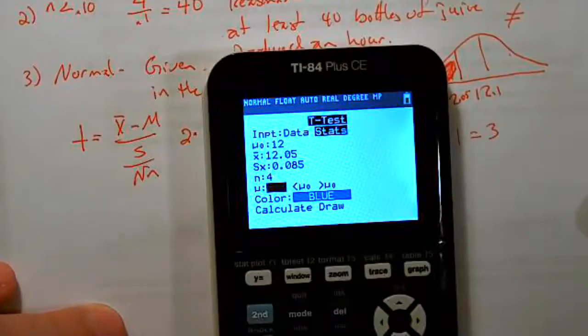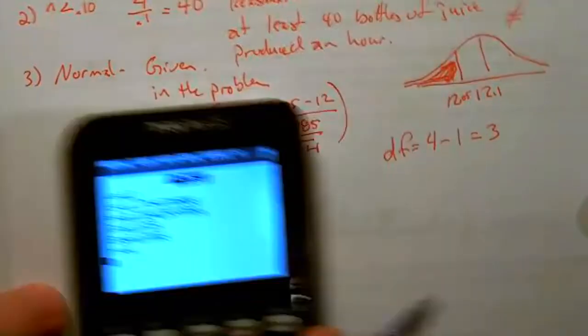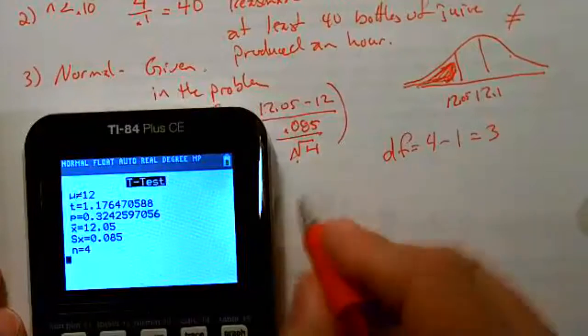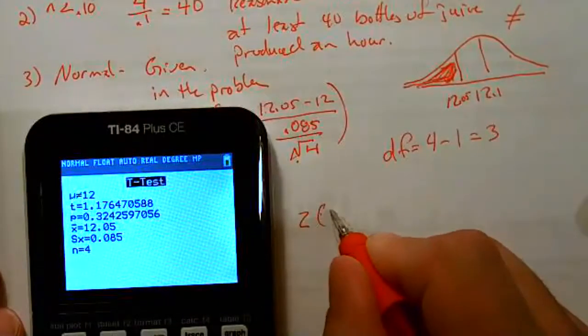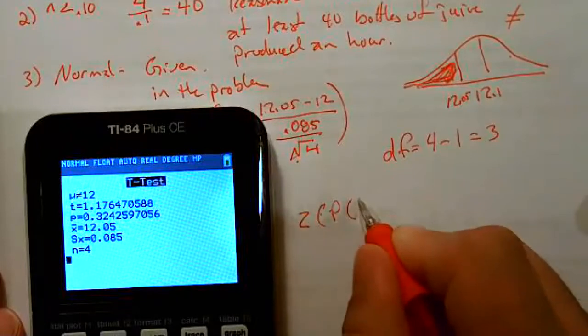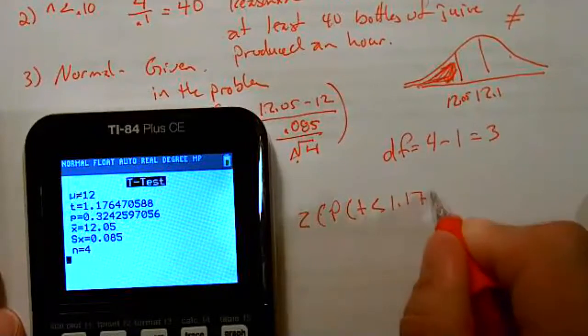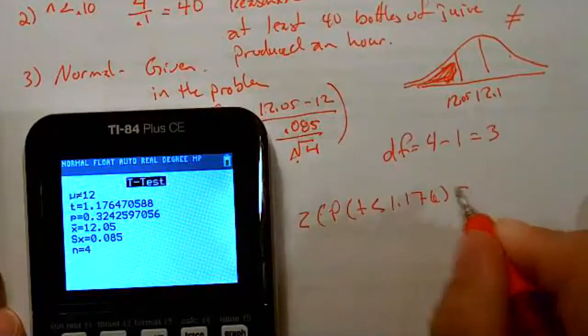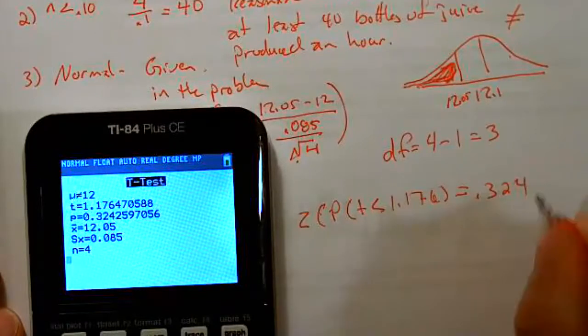All right? So I end up with 2 times the probability that t is less than 1.176 equals 0.324.